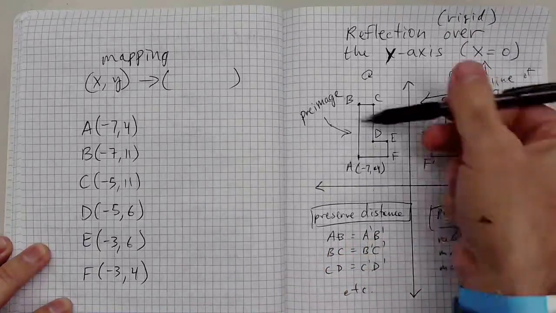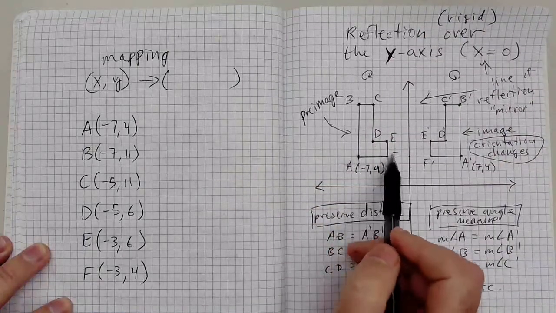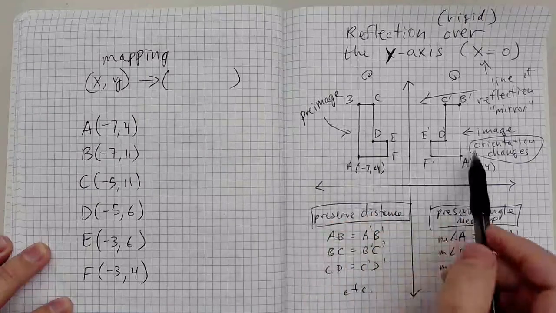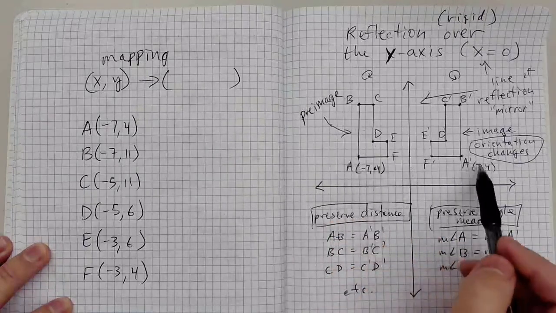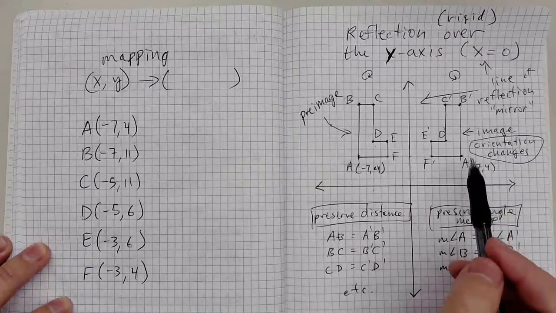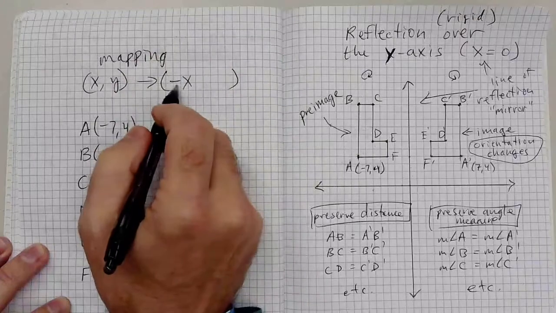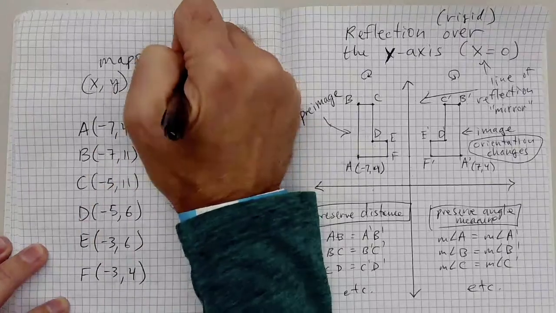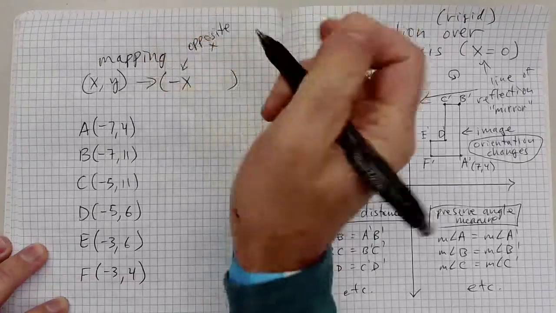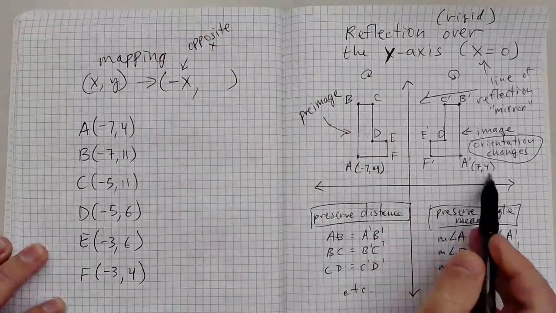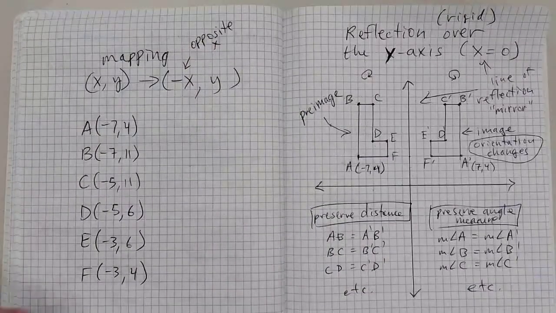And so we can see that the vertical value of each of these is going to remain the same, but the horizontal value, the x value, is going to be the opposite, right? If it's negative, it's going to become positive. So we indicate that by putting the negative sign in front of the x, but we read that as opposite x. Okay? Notice our y value doesn't change at all, so we're just going to leave that as y.